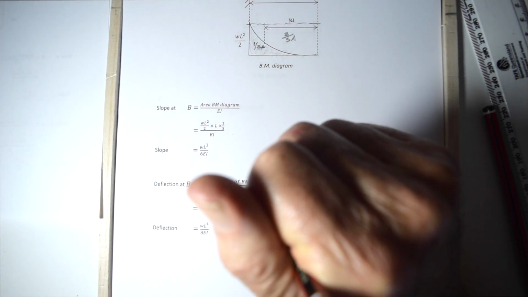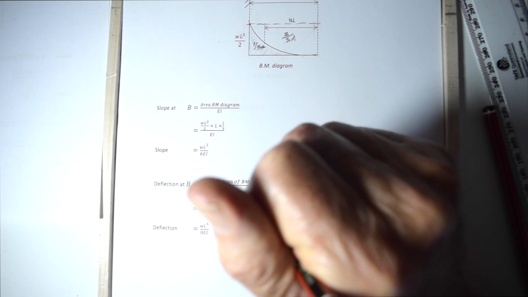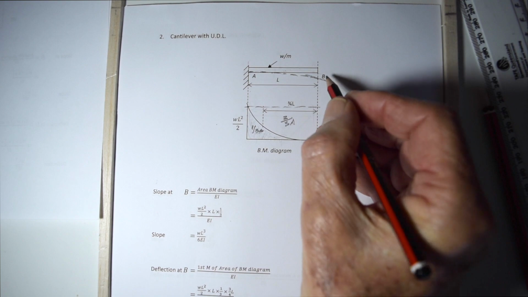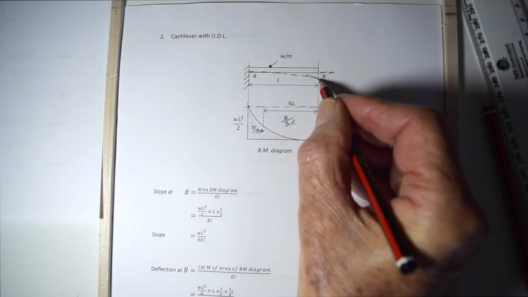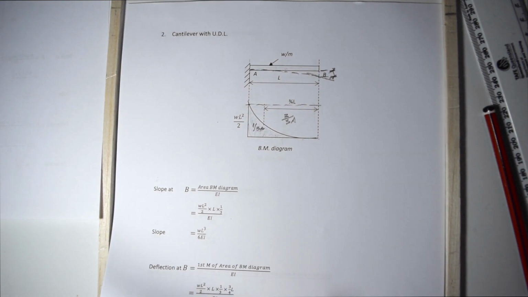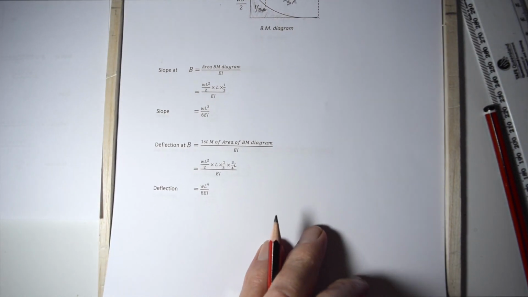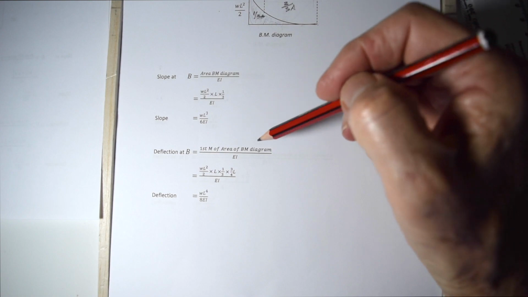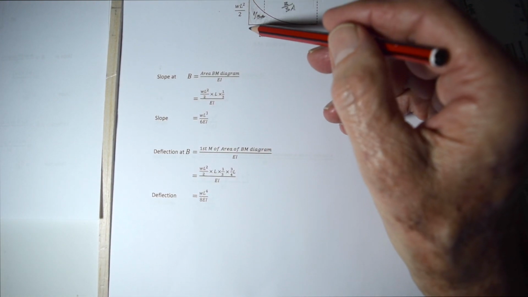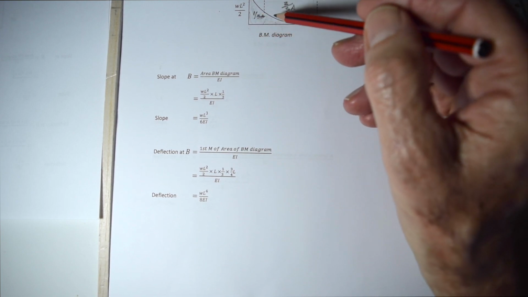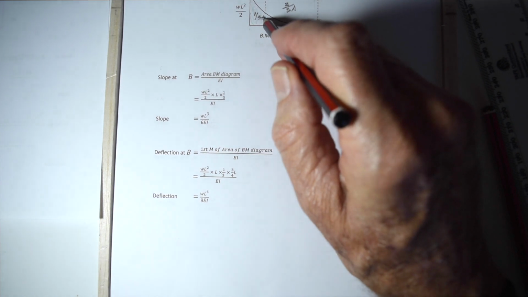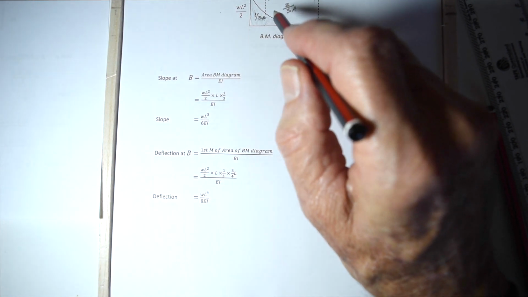Now, the deflection at this point, the deflection at B, at the end of the cantilever, is the first moment of area of the bending moment diagram divided by EI. When I talk about deflection, of course, again, that's the deflection. It's the amount that the cantilever has sagged. So, first moment of area of the bending moment diagram: the area is WL squared over 2 times L times 1/3, times the distance from there to the centroid of that part parabola.